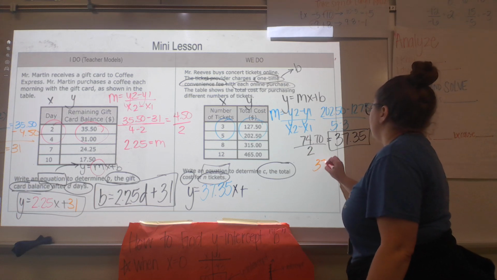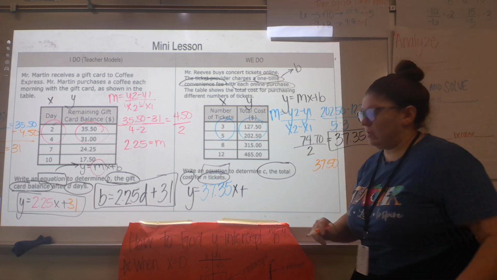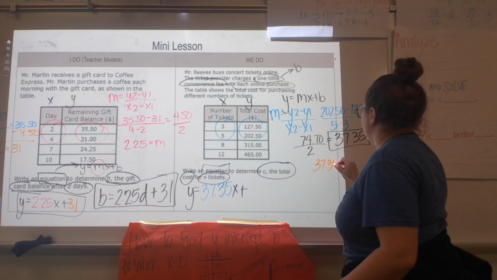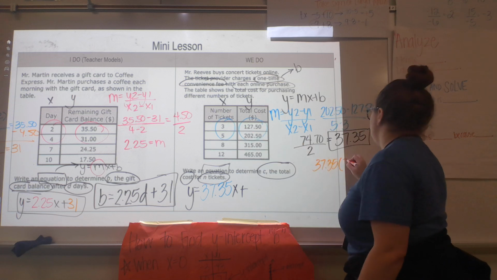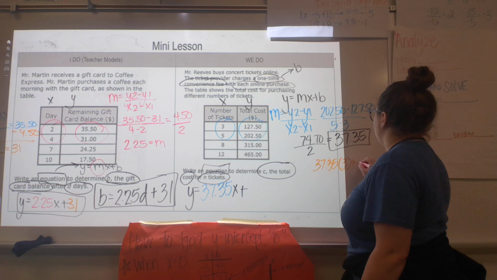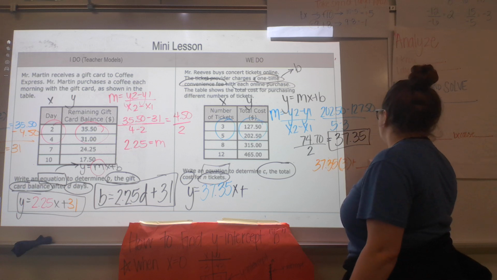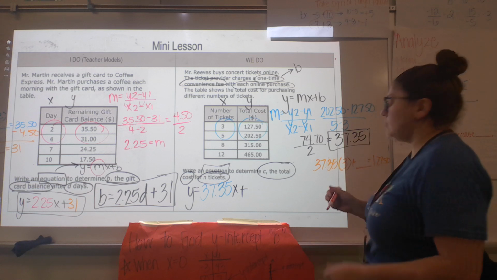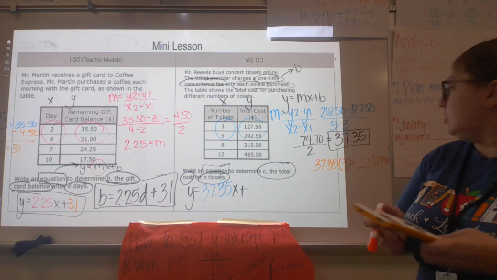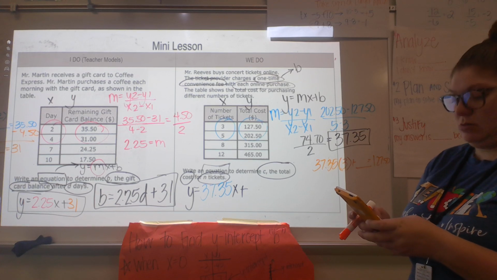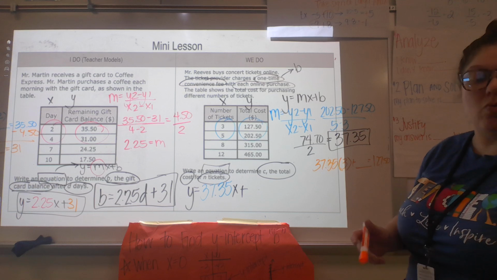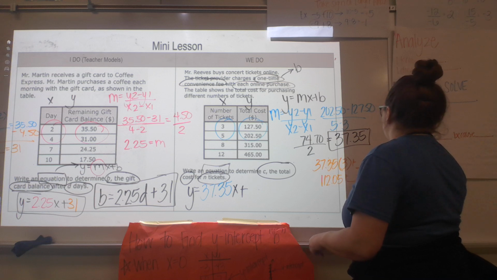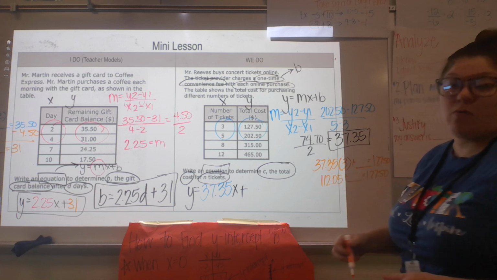So I'm going to do 37.35 times 3, my x, plus a blank equals 127.50. So let's do 37.35 times 3. I get 112.05 equals 127.50. I've got to figure out what my missing amount is.